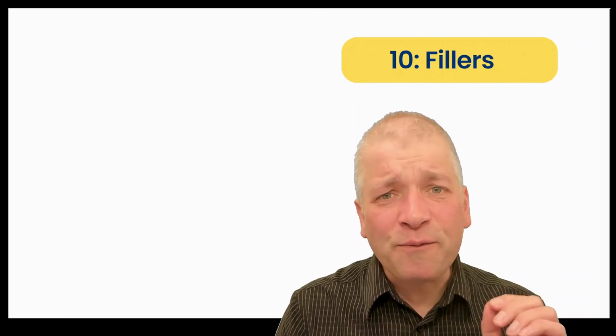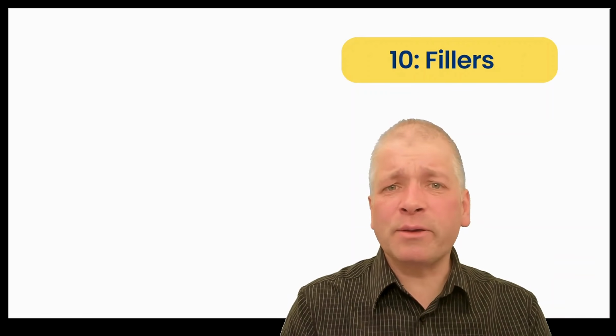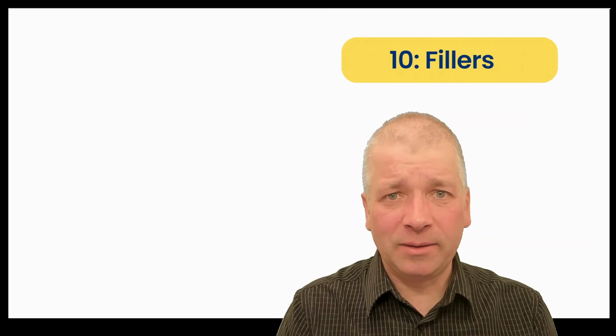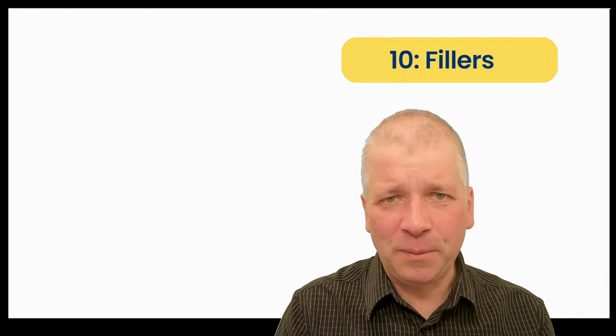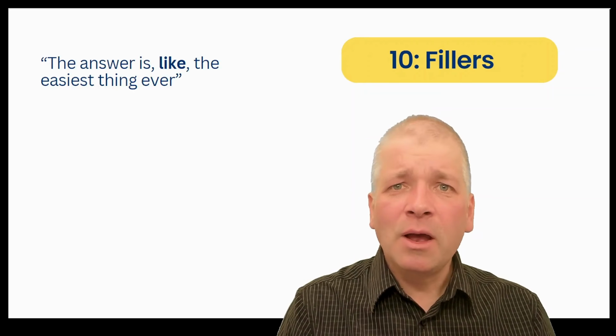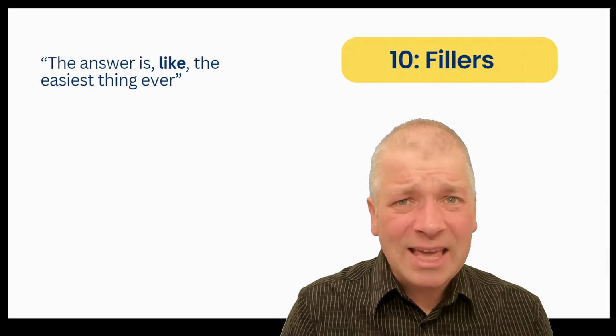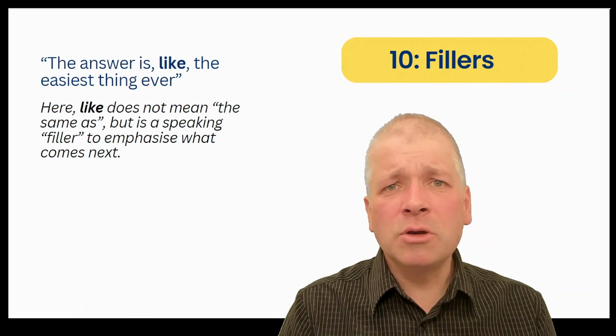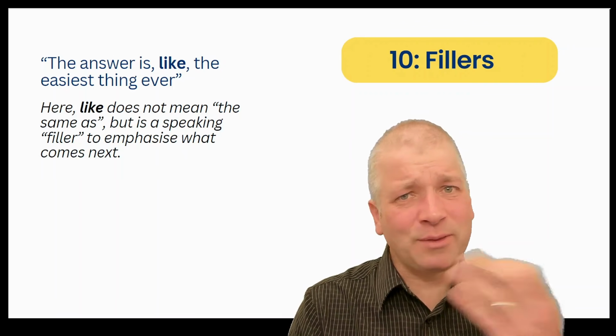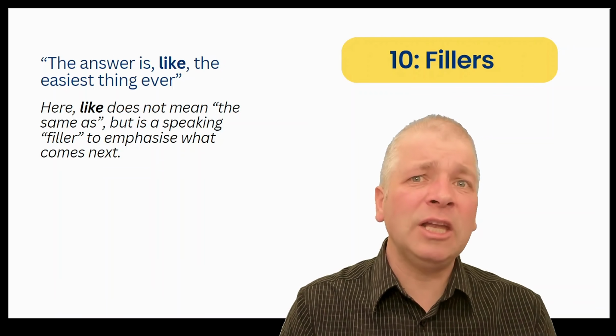Number 10 is fillers. Fillers are to do with speaking, but if you don't know what they mean, you will be confused by them. For instance, the answer is, like, the easiest thing ever. Now, you may think that like should mean the same as, or maybe even enjoy.